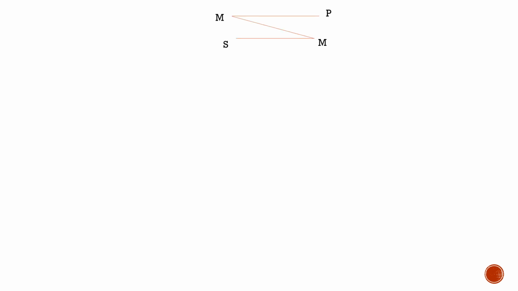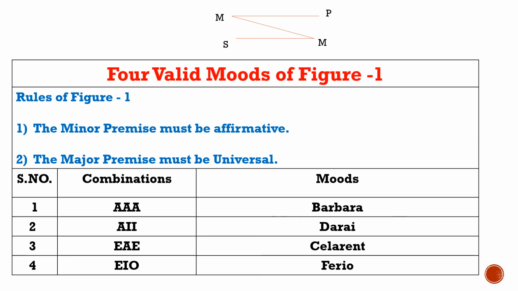EIO. So now we'll recollect the rules of figure 1 and the valid moods of figure 1. The rules of figure 1 are that the minor premise must be affirmative and the major premise must be universal.